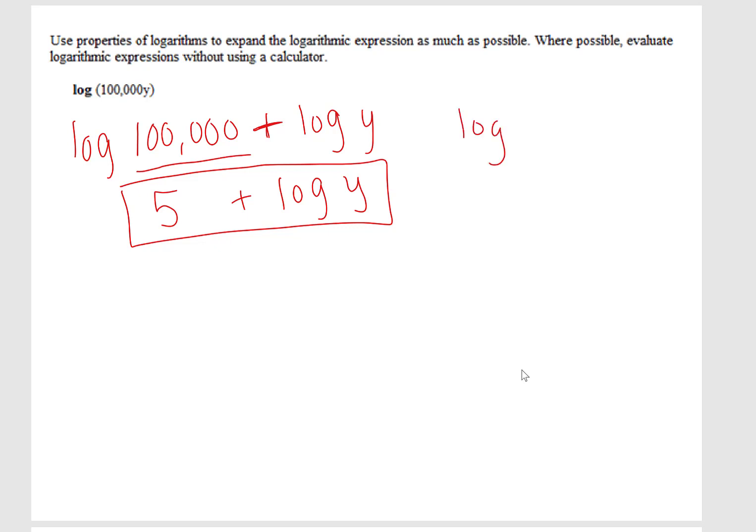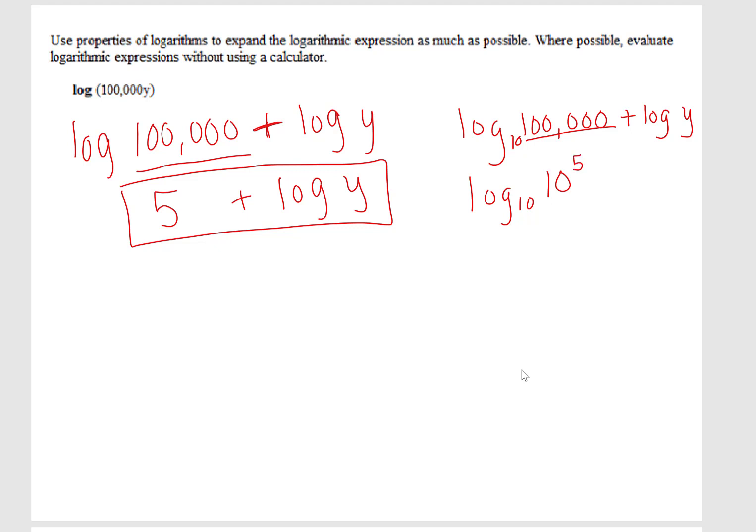So let me write this again over here. So we expanded it, and then we go to simplify. Remember, there's a 10 right here. So that means that if I'm able to express this value with a base of 10, then I can use the inverse properties.